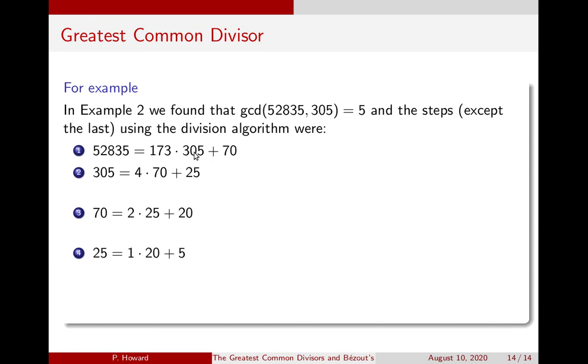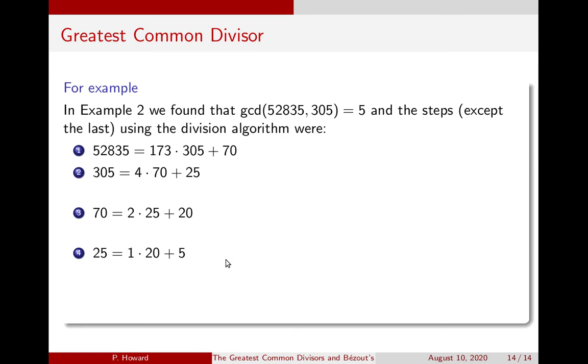And then we divided 305 by 70, then we divided 70 by 25, then we divided 25 by 20, and then we divided 20 by 5, and that was the step where the remainder was 0. So what I've written down here are the steps in finding the greatest common divisor, except for the last one, where the remainder was 0. We won't need that step in this calculation.